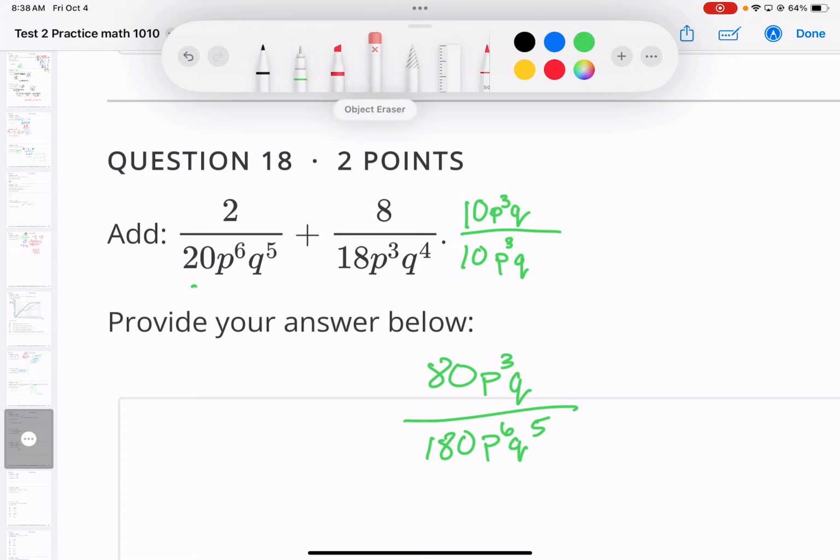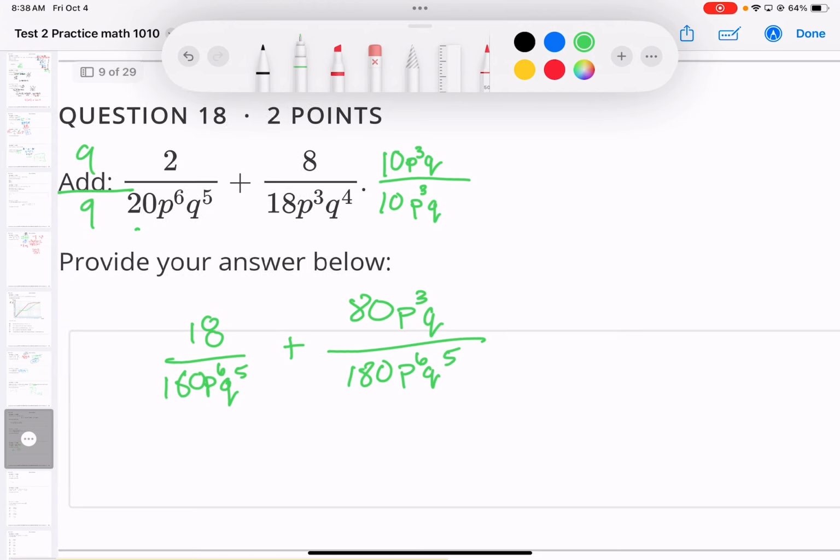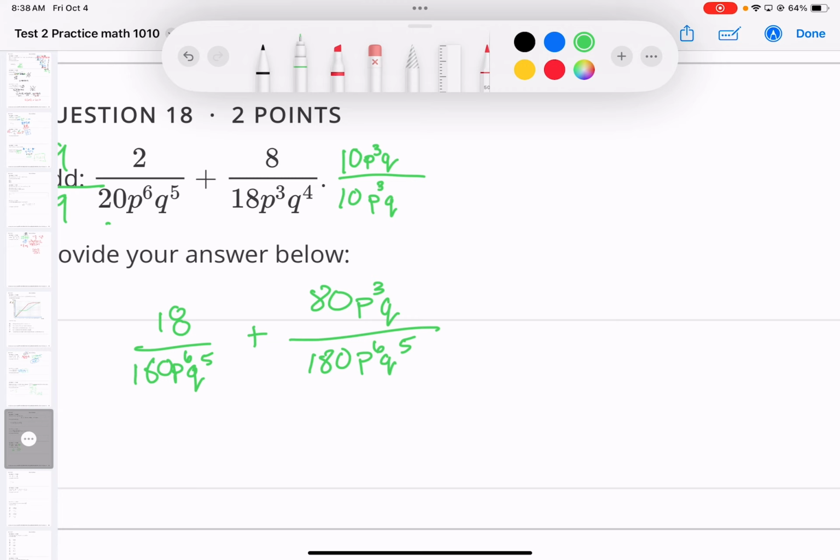This is a plus. So what do I need to times 20 by to get it to be 180? It's just 9. I think that's all we're doing. So I got 18 over 180 p to the 6th q to the 5th. Now I can combine the numerators.